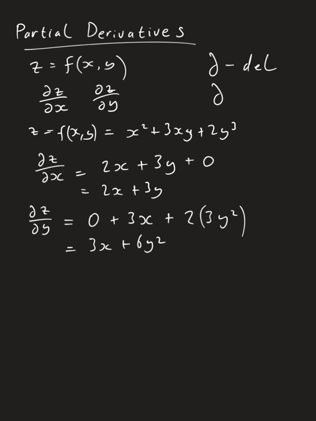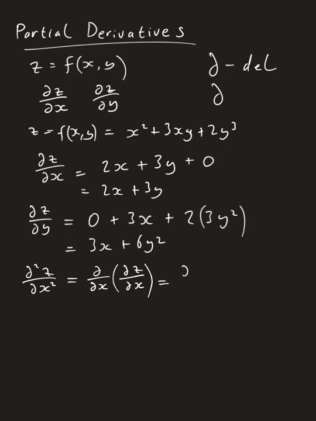I can also take a second derivative. So let's look for del 2z del x squared. To get that, I just differentiate del z del x again. So I'll write that down explicitly. I'll do a partial derivative with respect to x of del z del x in order to get that second partial derivative with respect to x.